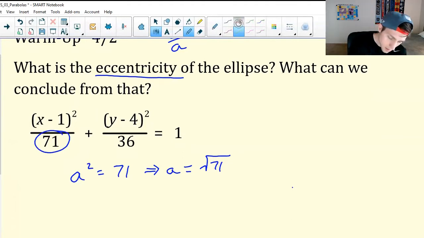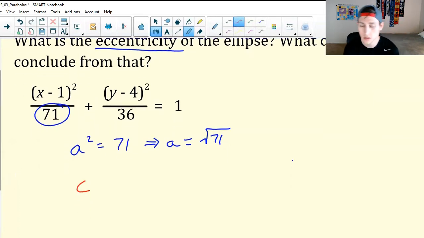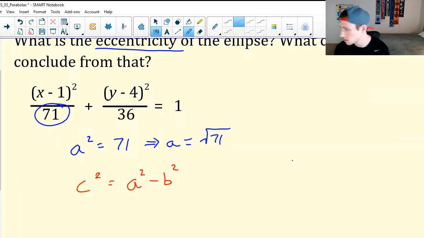And to figure out what c is, so c we use to find where the foci are. So remember, we have this sort of similar equation to the Pythagorean theorem, right? But it's not. It's a squared minus b squared equals c squared.